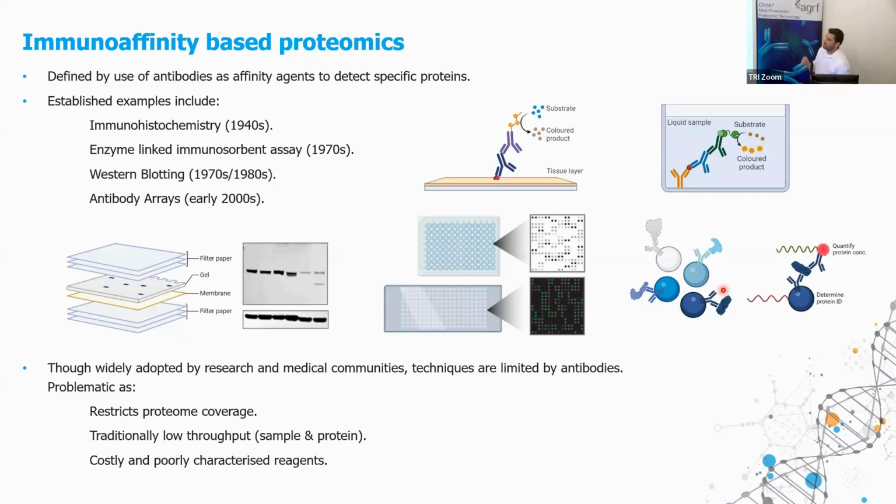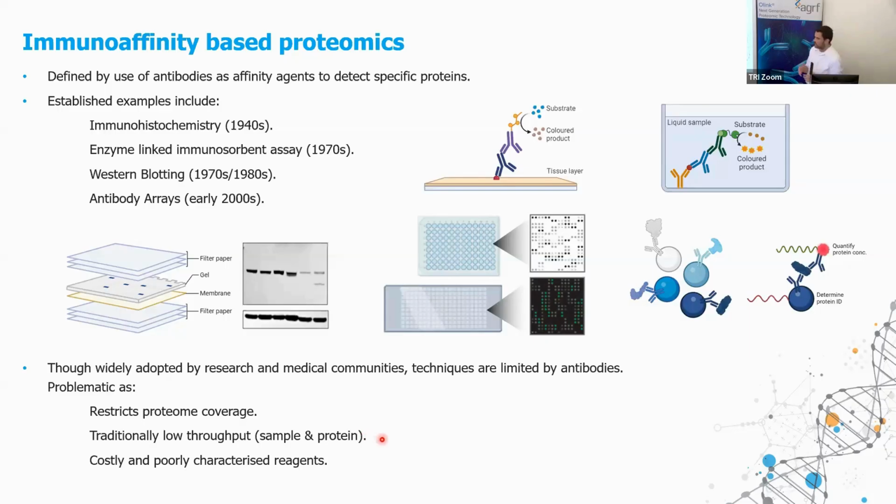But there are fundamental issues with these immunoaffinity assays as a proteomic method. One being that it restricts proteome coverage in the sense that you're not going to see more proteins than you're assaying. So if you probe 2 proteins on a Western blot, you're not going to see any more than those 2 proteins. It's sort of logical.